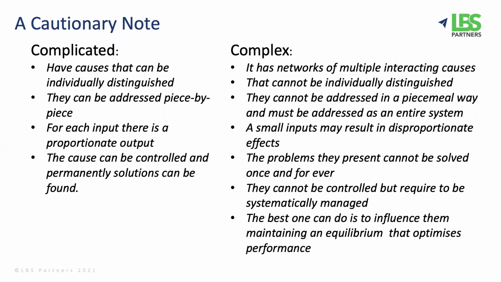The best we can do is influence them, maintain an equilibrium that optimizes the performance. So in your selection of your A3 topic, work with your black belt, work with your organization to figure out what are the complicated issues and problems that we can extract and work on to smooth out the performance.